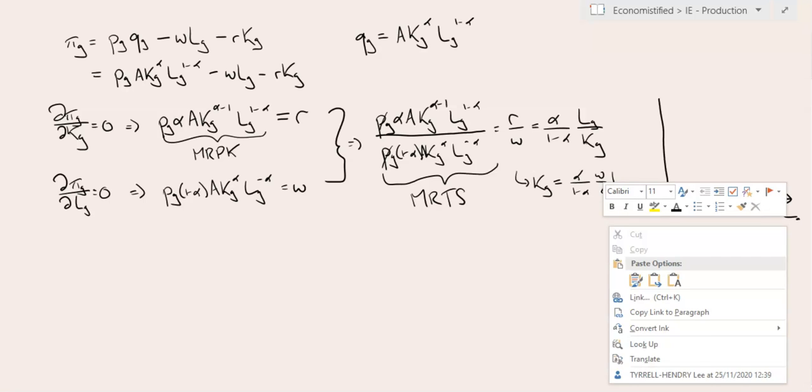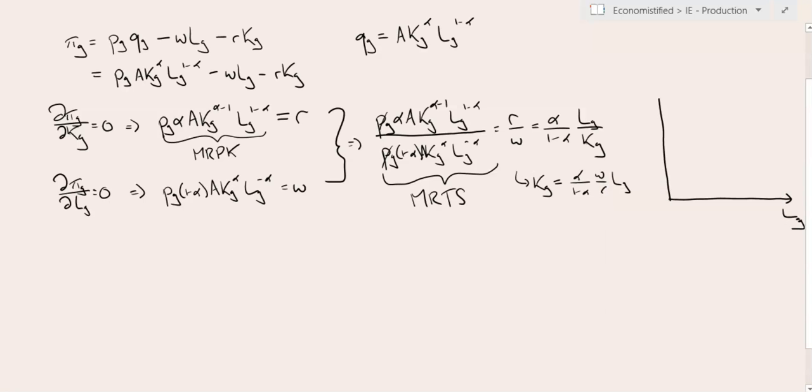If we have labor demand on the x-axis and capital demand on the y, of course this is just going to be a linear function with the slope given by alpha over 1 minus alpha times W over R. So if alpha is larger, if the good is more capital intensive, or if the wage is relatively high, in other words, the cost of capital is relatively cheap, then this slope is going to be steeper.